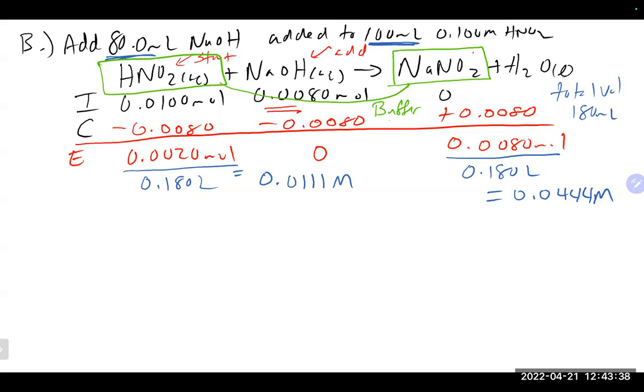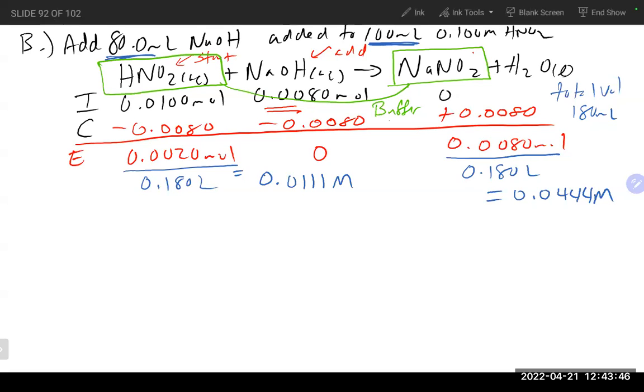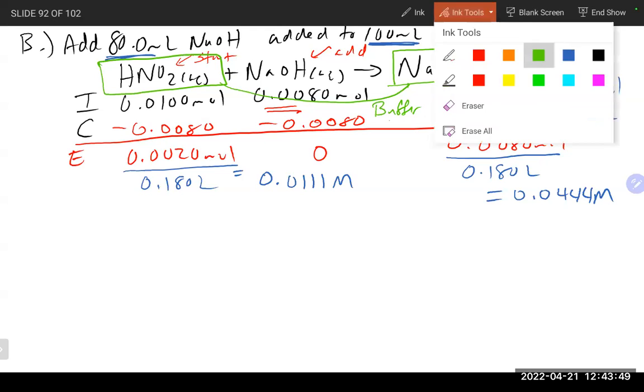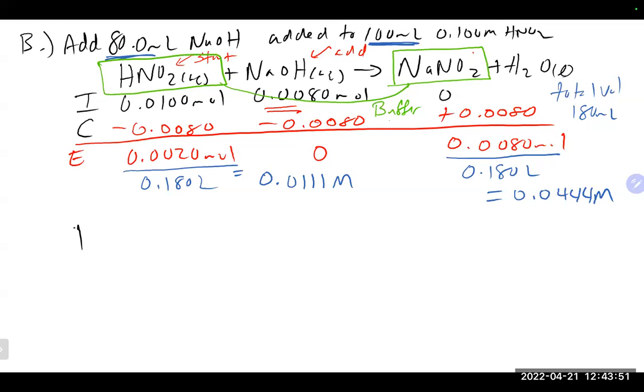And that obviously helps you focus on what you should get to. Since it really is a buffer here, we can go into the Henderson-Hasselbalch equation right off the bat. That means our pH would equal our pKa value plus the log of the base over the acid.